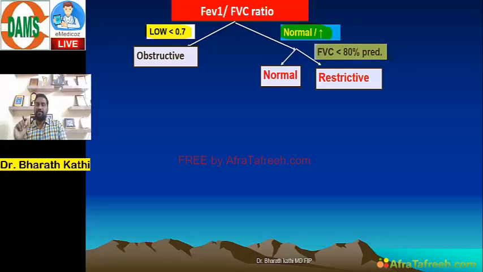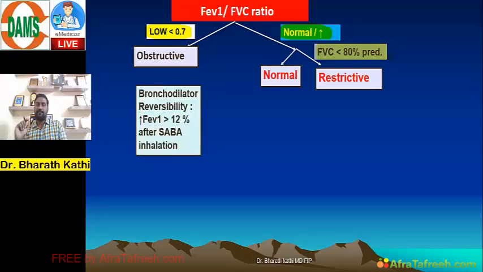Now, if it is an obstructive lung disease, the next step is bronchodilator reversibility. By giving a bronchodilator, you should see whether FEV1 increases by more than 12%. Come on students, tell me, if bronchodilator reversibility is positive, it means a reversible airflow limitation.